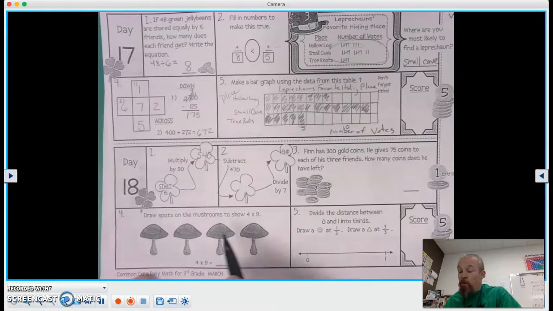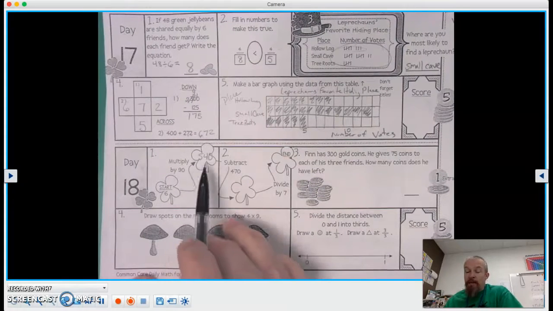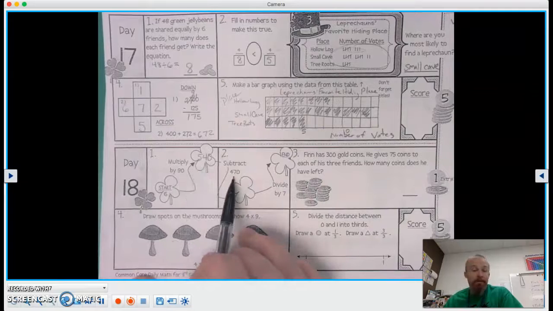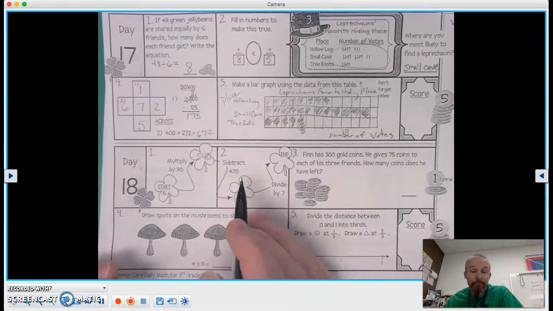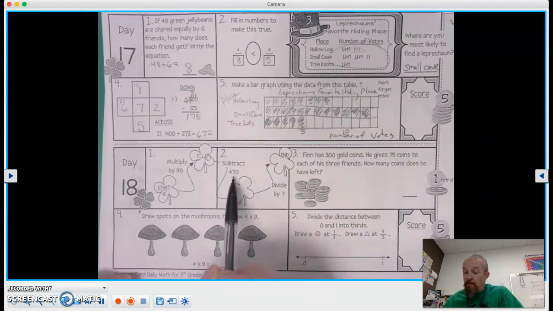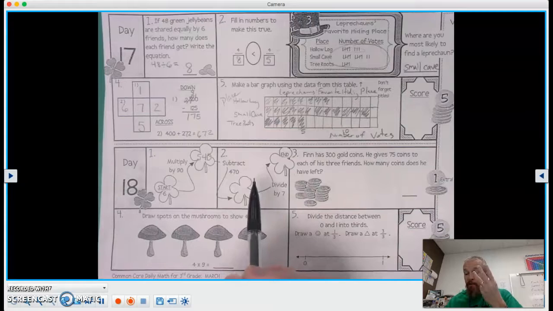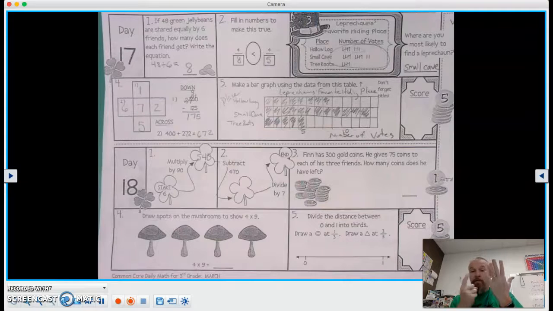Now we're going to subtract 470. Really, we're taking away 54 minus 47, right? So let's start at 47, 48, 49, 50, 51, 52, 53, 54. So we should have 70 there, right?